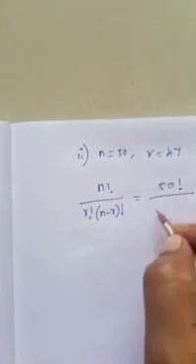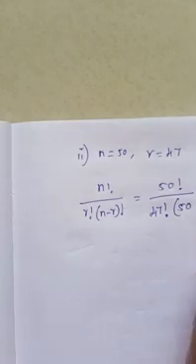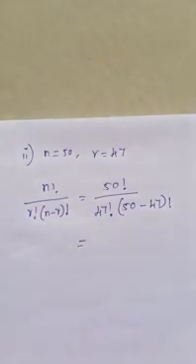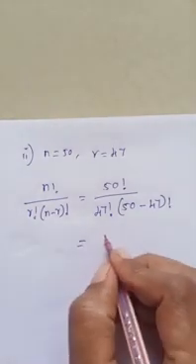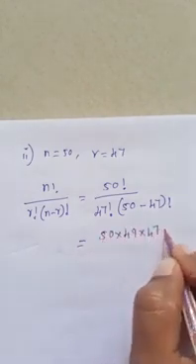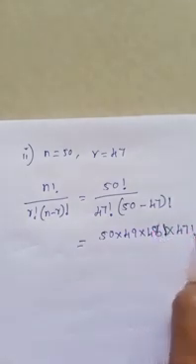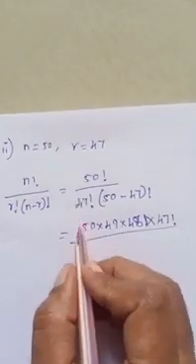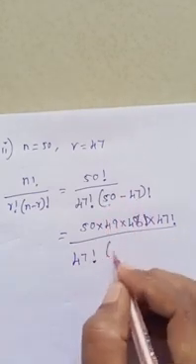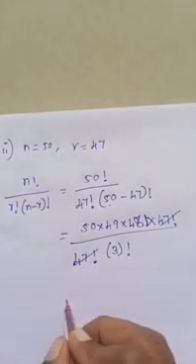That is 50 factorial by 47 factorial into 50 minus 47 factorial. 50 factorial, how to simplify it? 50 factorial, that is 50 into 49 into, sorry, 48 into 47 factorial. More than that, there is no need to find it out because in the denominator we have 47 factorial. Now 50 minus 47 is 3 factorial. See, both will get cancelled.